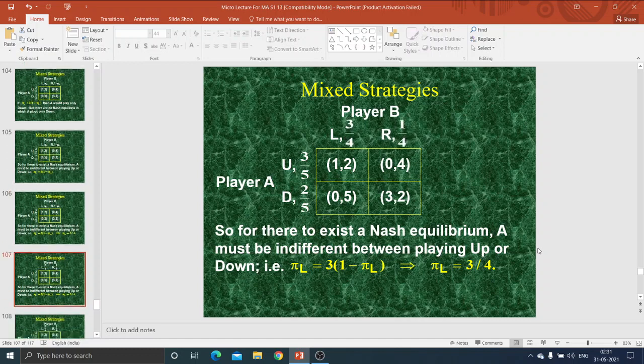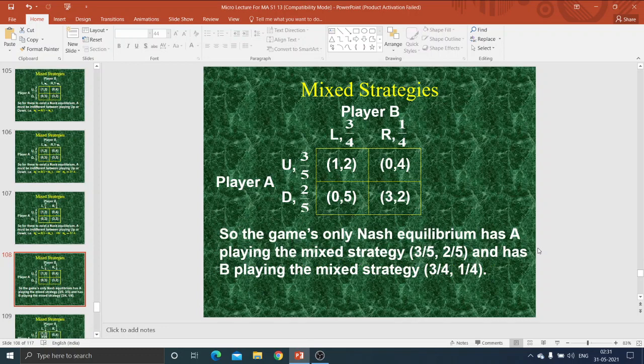So playing left is 3 by 4 and playing right is 1 by 4. The game's only Nash equilibrium has A playing the mixed strategy 3 by 5, 2 by 5, and B playing the mixed strategy 3 by 4 and 1 by 4.